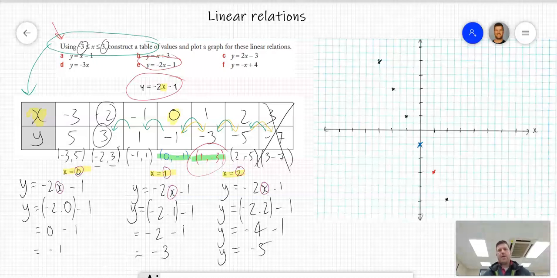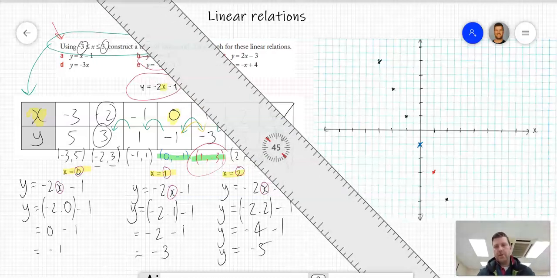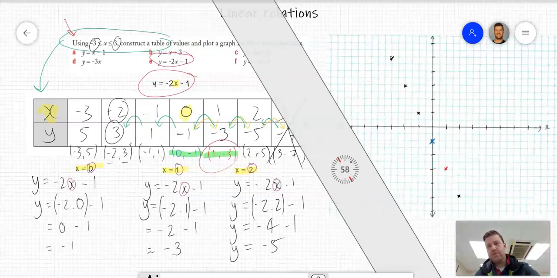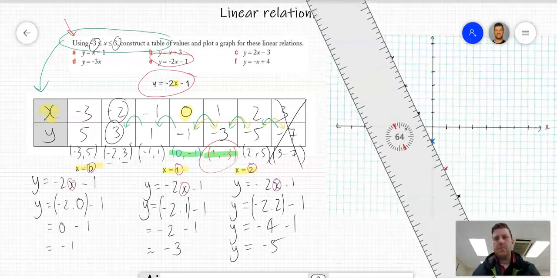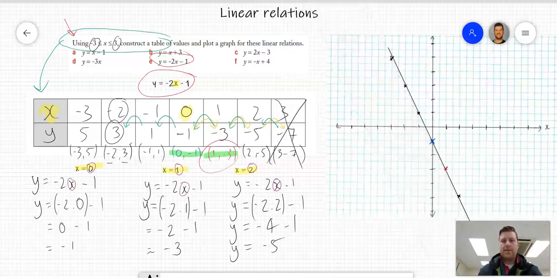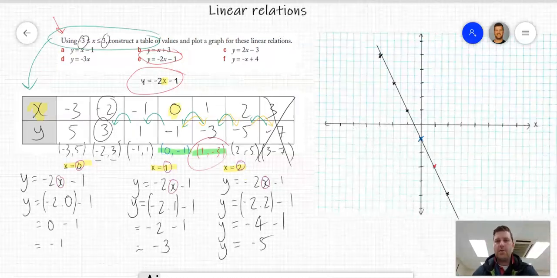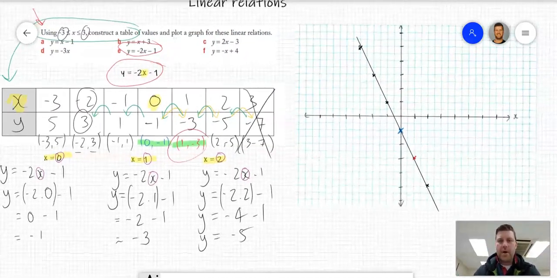Now that should create a straight line if I've done that correctly. I'm going to use a ruler to rule through those points. Okay, and that is a line that represents the linear equation. It's always good to label your line: y = -2x - 1.